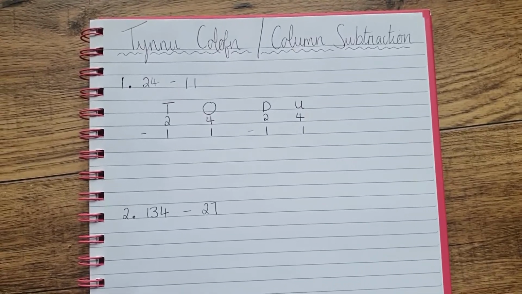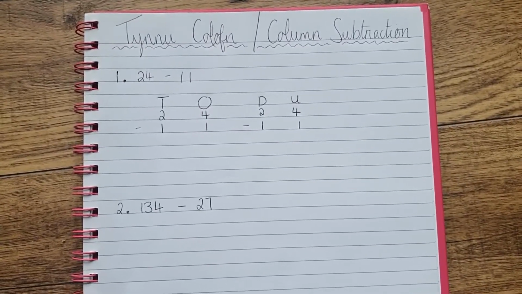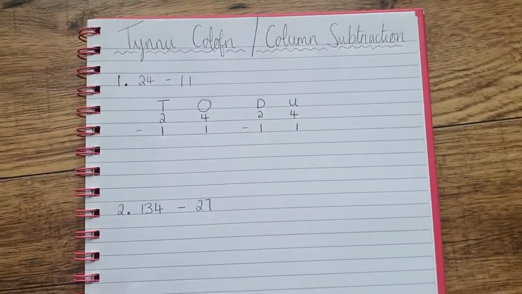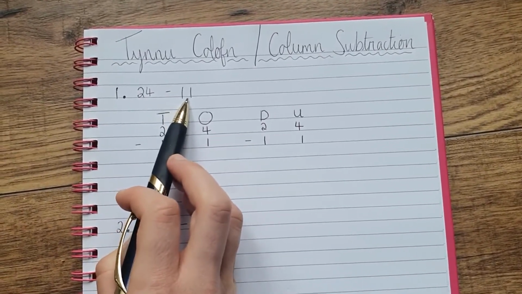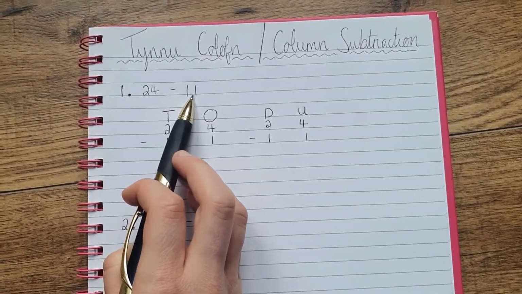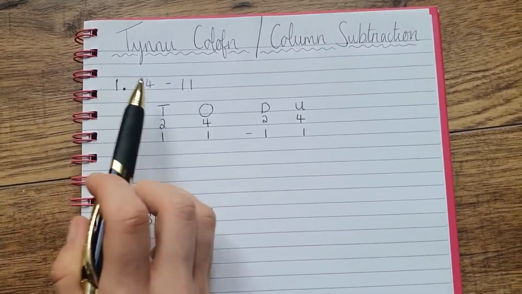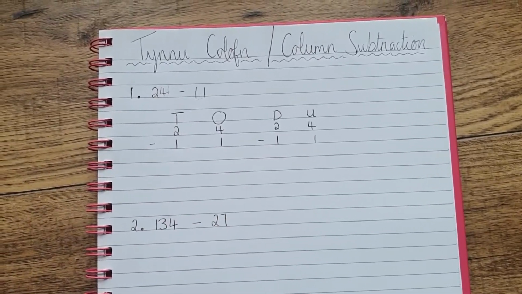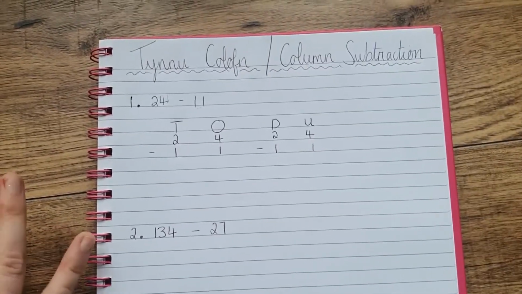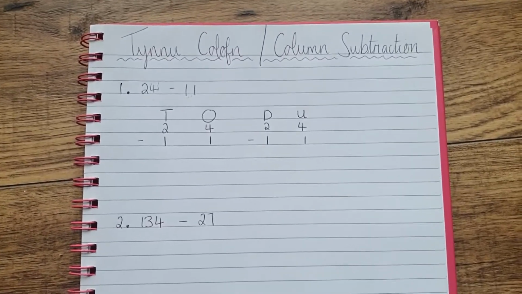The larger number must go on the top. I can't stress that enough. One of the most common mistakes people make with column subtraction is they put the lower number on top. That does not work with column subtraction. It has to be the larger number on the top. Okay, that is one of the main rules of column subtraction. So rule number 1, place the larger number on the top of the column.